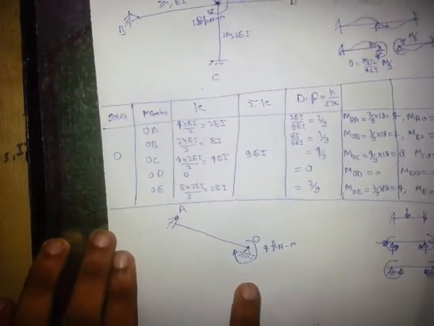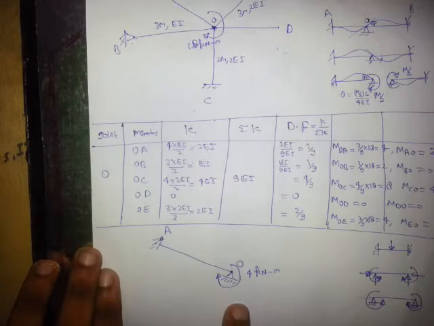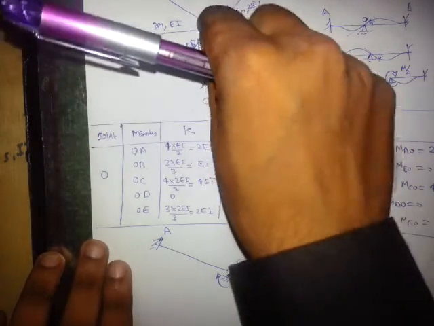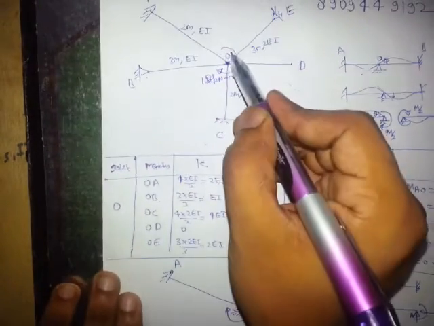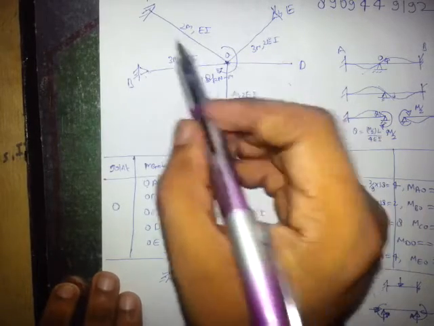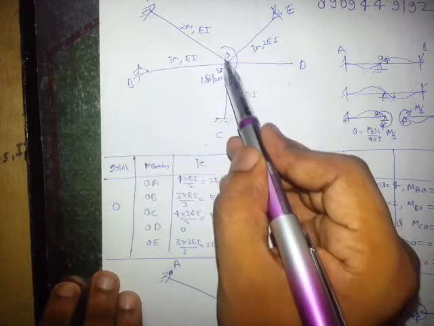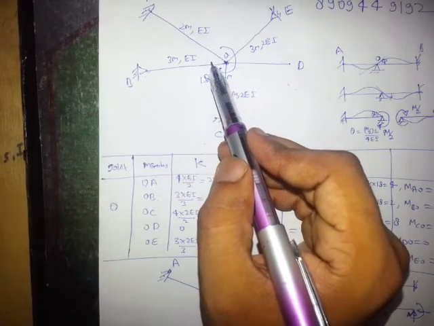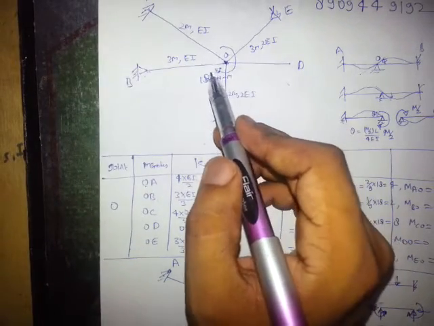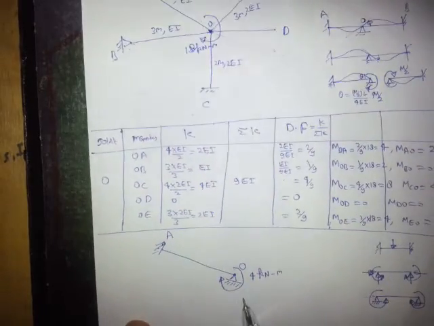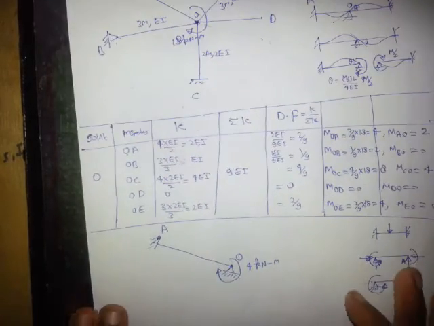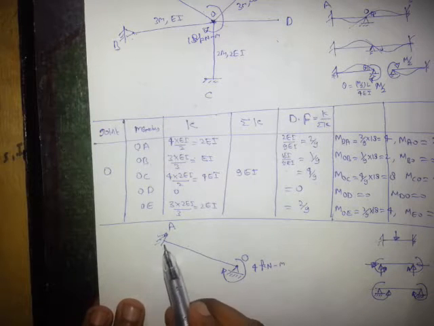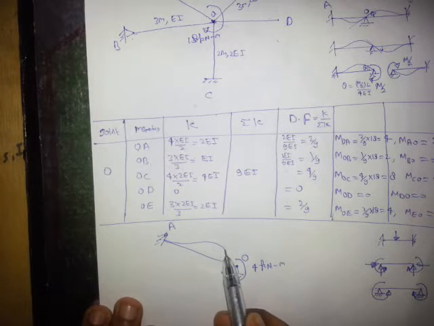Now I want to calculate the rotation of joint A. Whatever will be the rotation of joint A, means joint A will rotate clockwise, so all the members will rotate clockwise with the same angle. So it can be calculated from either figure. For example, from this, we can say that it will be like this.